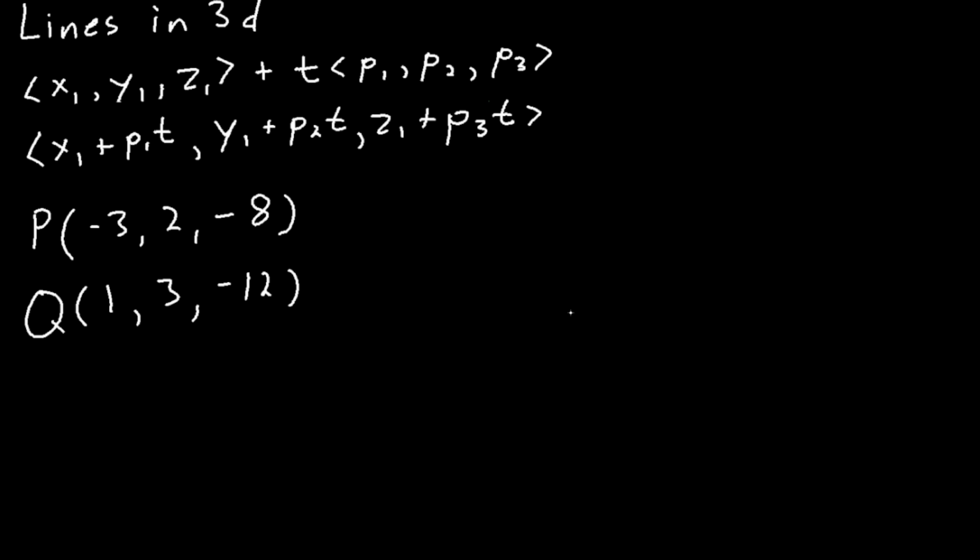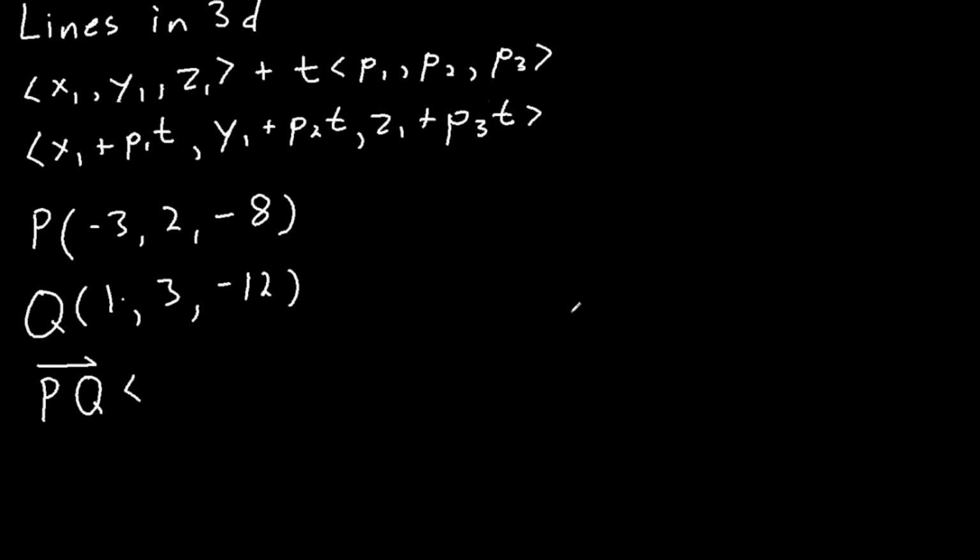Okay, so the first thing I'm going to do is find the vector between points P and Q. And the reason why is because points P and Q are both on the line. So if you sort of imagine these 2 points connected together, from P to Q, that vector is actually parallel to the line that we are trying to represent.